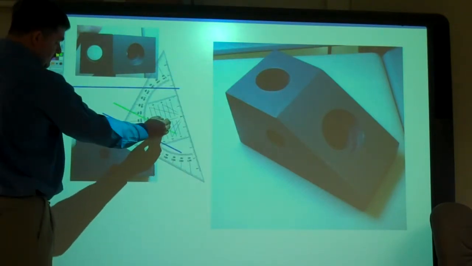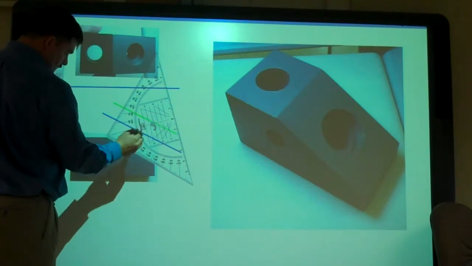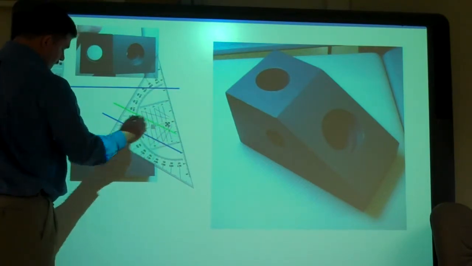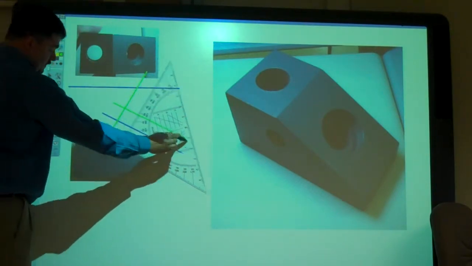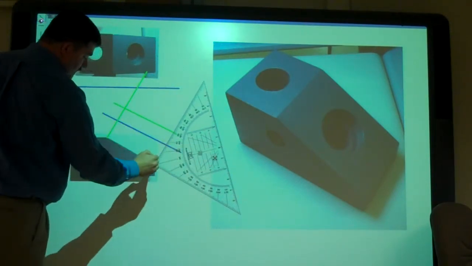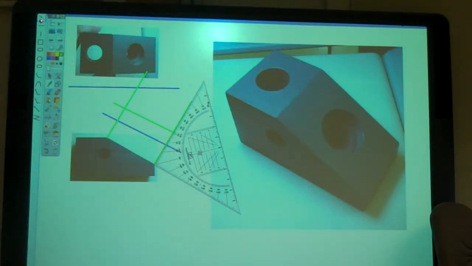Drawing out perpendicular lines. Easy as well. Just line up our thing and draw a line on the triangle. And we slide it down and draw it up. Okay?